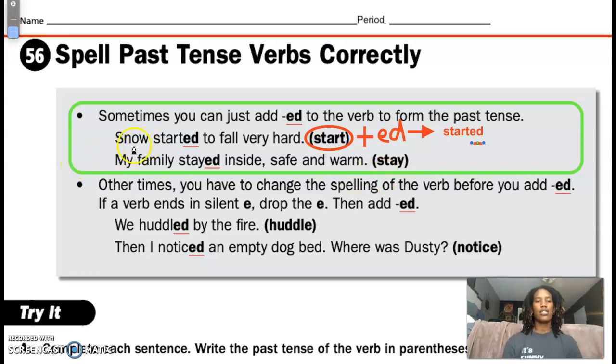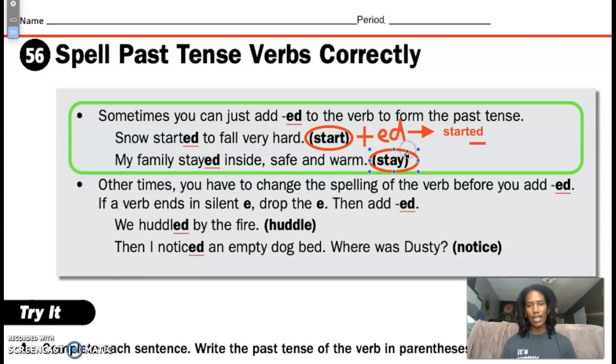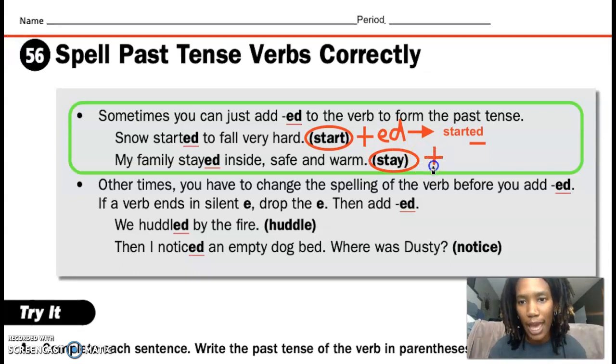So the sentence says, snow started to fall very hard. That's it, okay? Now, in the second sentence, the verb is stay. Now, stay right now is in the present tense, right? But we want to make it in the past tense. So all we do is add ed.